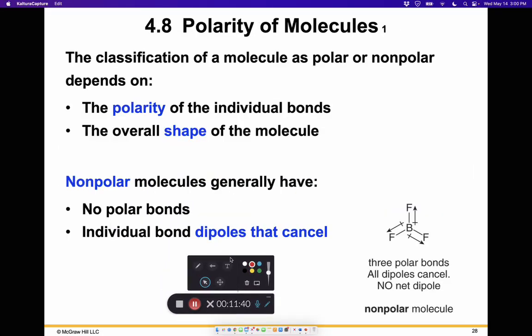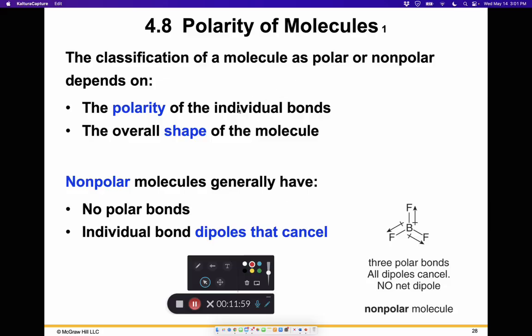Using that information, now you might see questions like, what about the molecule? Is the molecule polar or not? If the question is asked this way, then first we need to look at whether the bonds are polar or not.